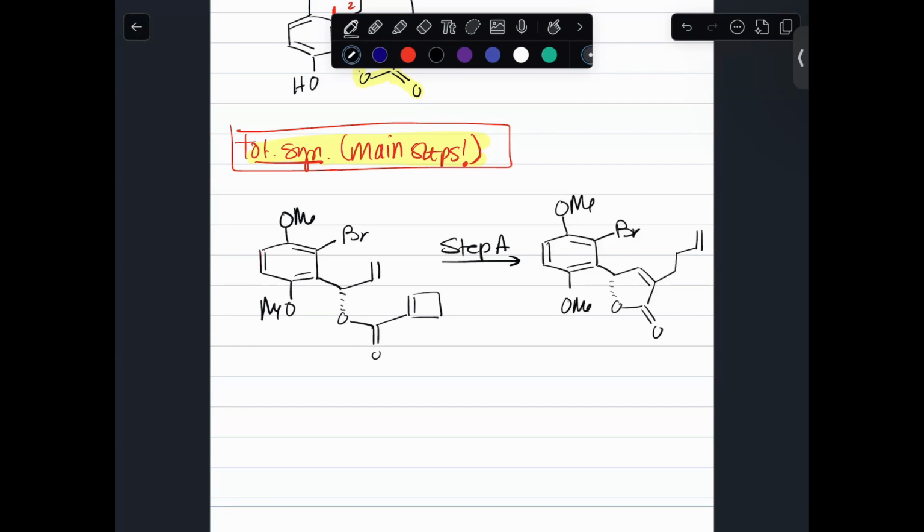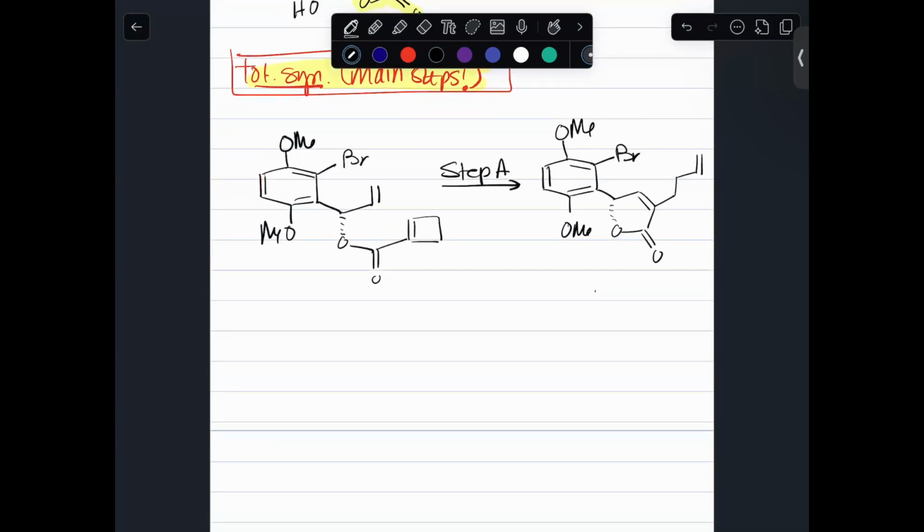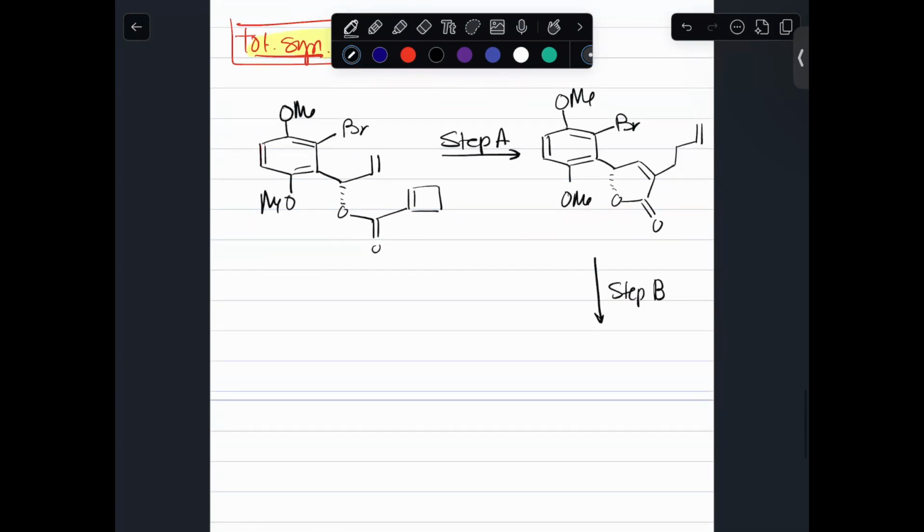Which is what's so great, because we really just learn reactions, but we don't understand their relevance until we apply it to a total synthesis. So that's the first step, is the formation of the lactone. Step B is the introduction of an alkene group.